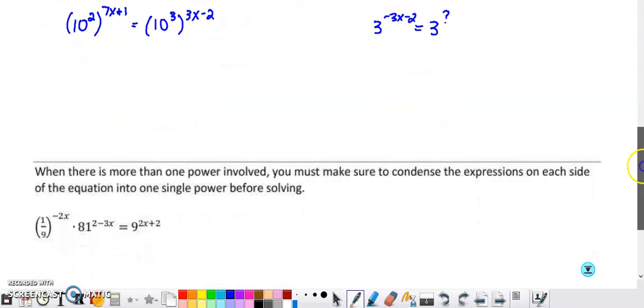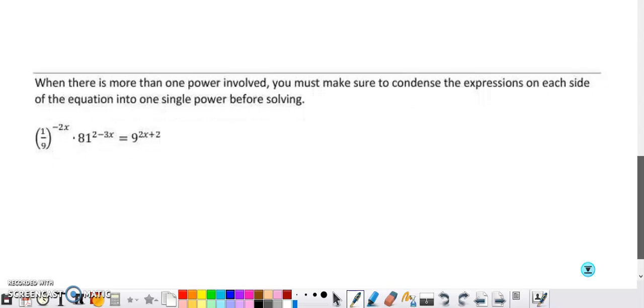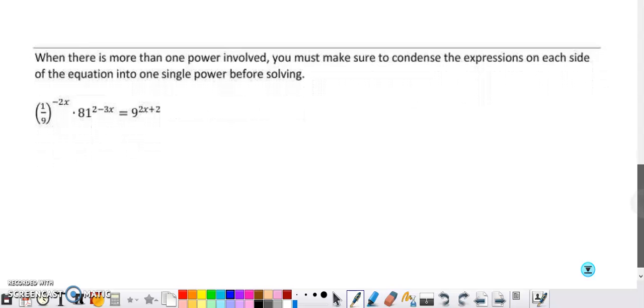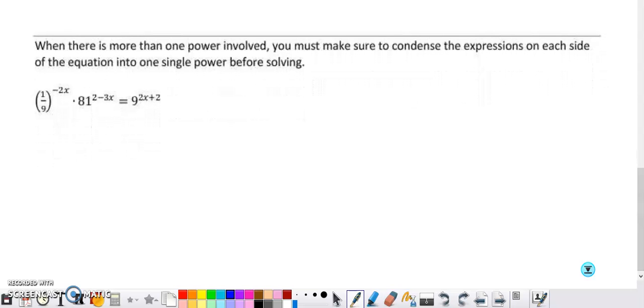All right, as we look at the next set here, this one's going to get a little bit more complicated just because there's an extra step at the beginning. If you notice the difference in this example, there's 2 powers on one side of the equal sign, whereas the ones above was just 1 power equal to another power.